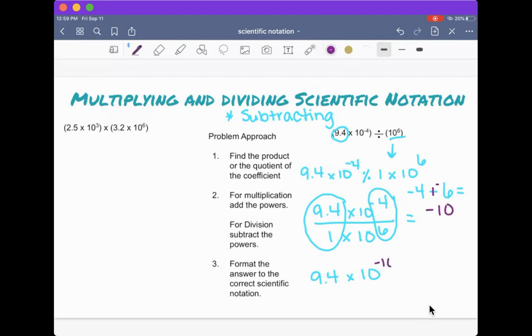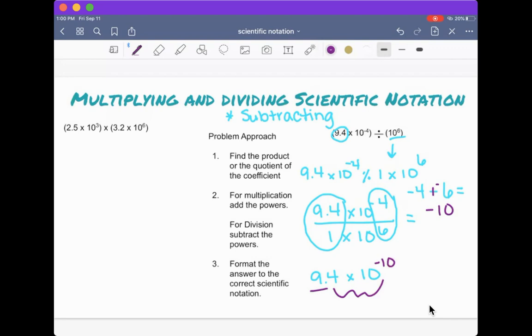So my new power is -10. Now, we're nice and happy because we're in a simplified form. We meet all the qualifications of being scientific notation. We have one number in front of the decimal, which is the 9, and everything else falls right into place. So our answer is 9.4 times 10 to the negative 10.